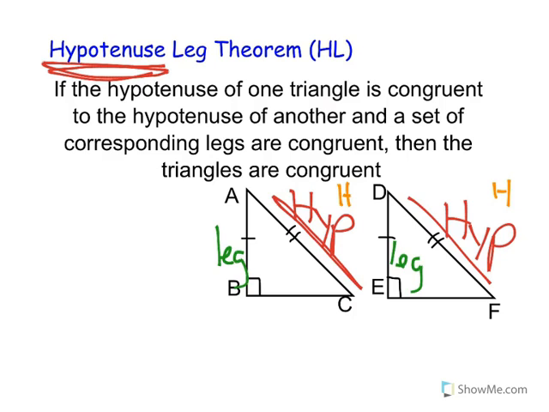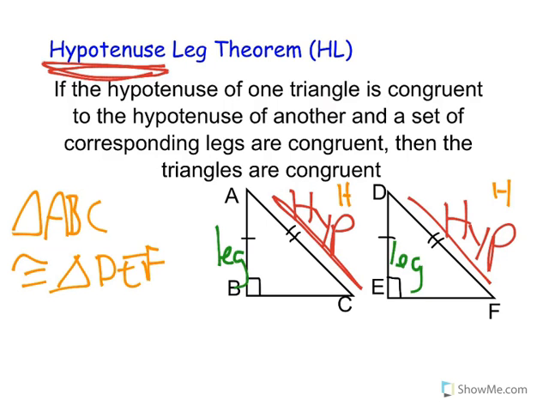So we can say that triangle ABC is congruent to triangle DEF by HL because the hypotenuse is congruent and the corresponding leg is congruent.